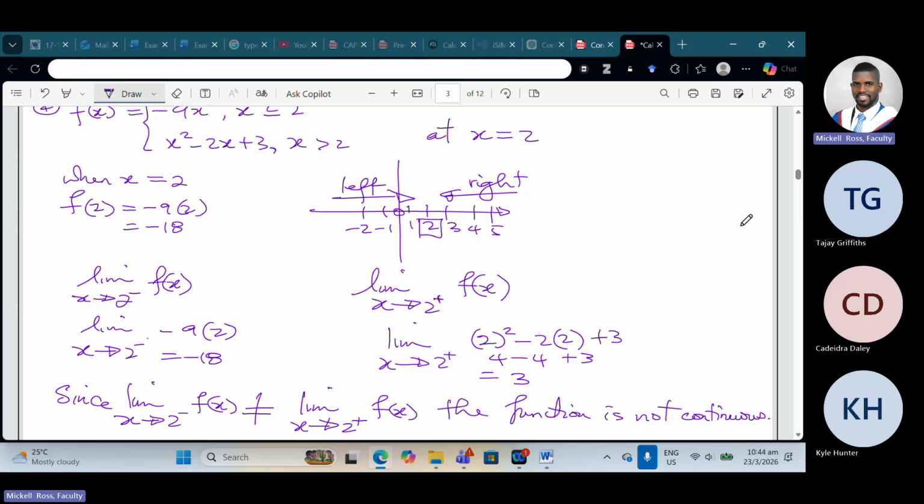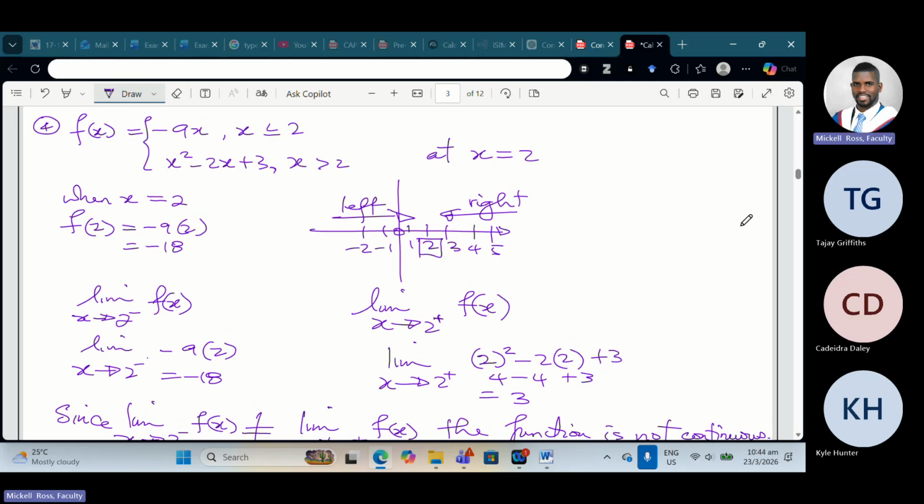Yes, sir. How this works is that you have to follow the steps you gave earlier, right? Right. So when I get the function, the top one says less than or equal to 2. Yes.